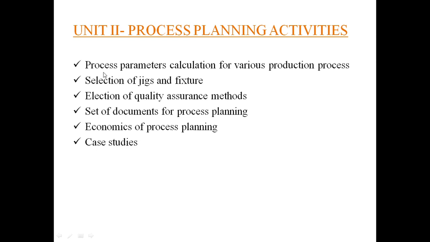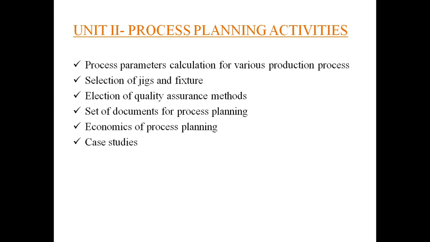In this, process parameter calculations for various production processes. What are the process parameters we have to consider? Cutting speed, feed rate, and depth of cut. These are the process parameters considered for process planning. The second one is selection of jigs and fixtures.